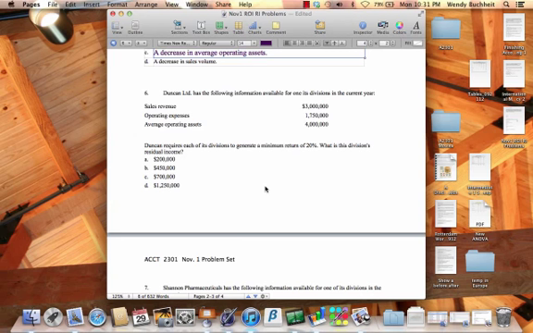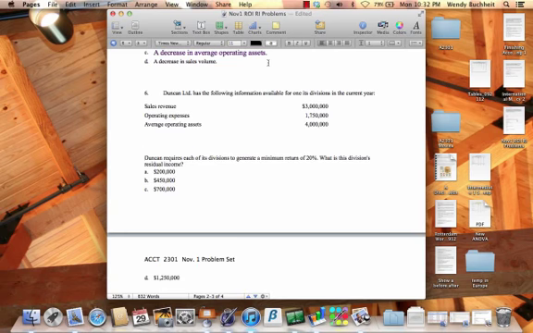So next one, number 6, is this Duncan Limited. Here we get similar information. It says Duncan requires each of its divisions to generate a minimum return of 20%. What is residual income? All right, so this is the first time that we're seeing residual income in this problem set.